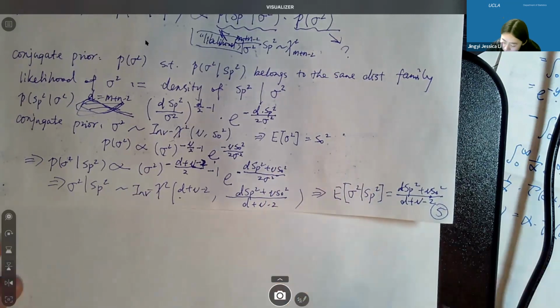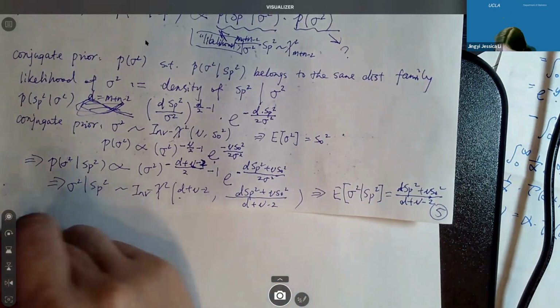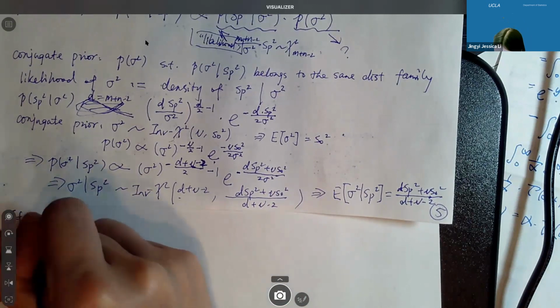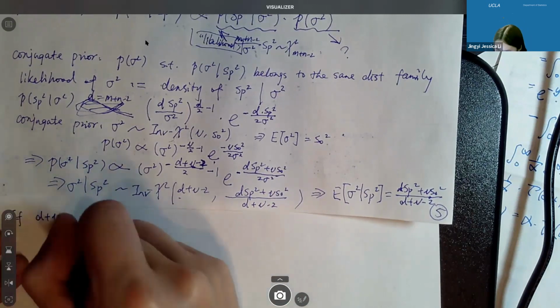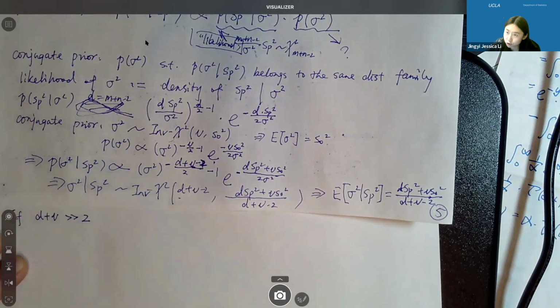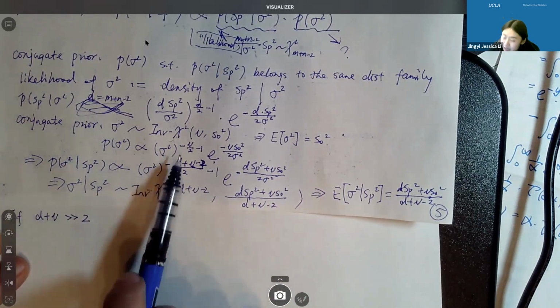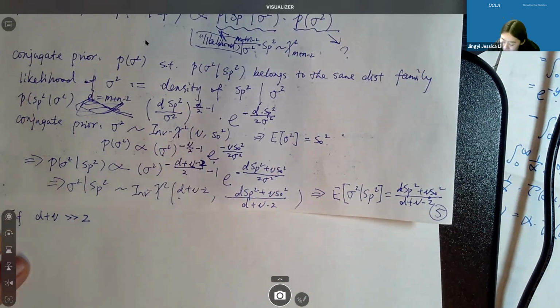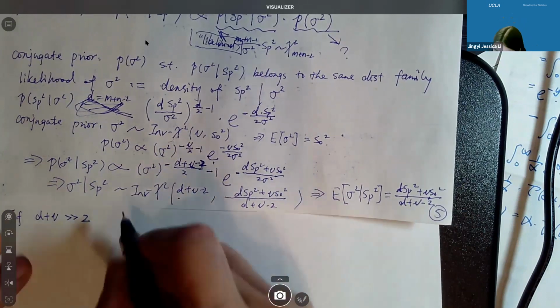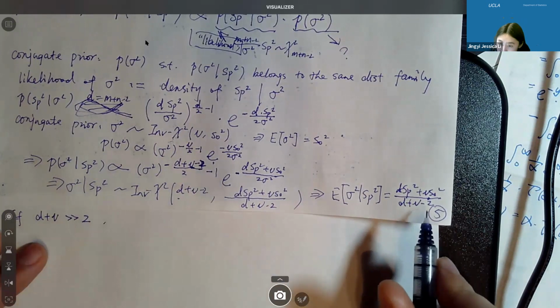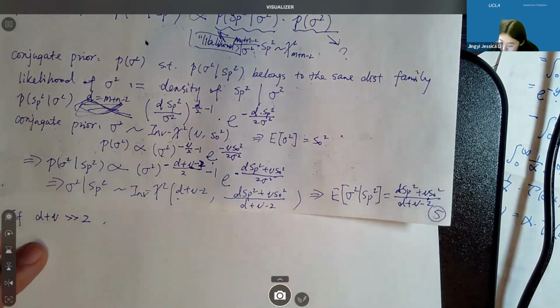Okay, so therefore, D plus V can be much larger than 2, which is possible because V is something we can specify in the prior. In this case, we can say that this minus 2 in the denominator can be ignored.